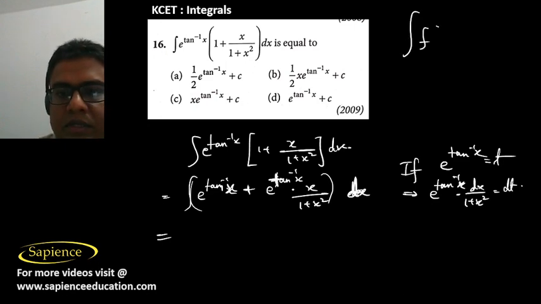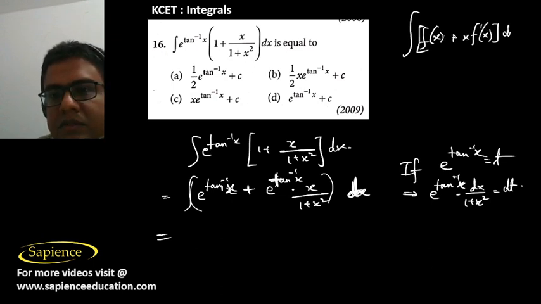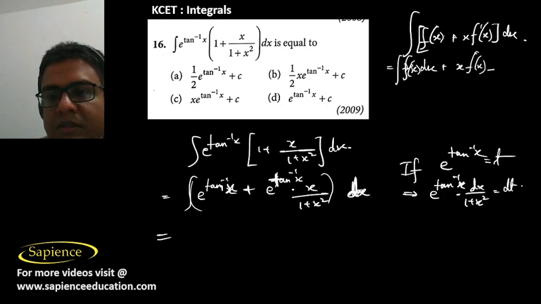So suppose we have to integrate some function which is of the form f of x plus x f dash x into dx. So it is of that form only. Then what we will do is integral f of x dx, plus x into integral f dash x dx, that is f of x, minus integral of d by dx of x, that is 1, into integral f dash x dx, that is f of x, integral f of x dx.